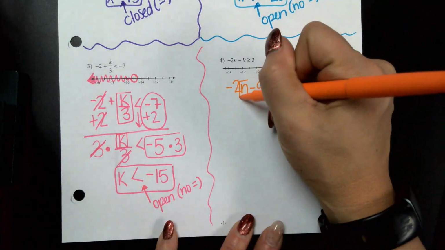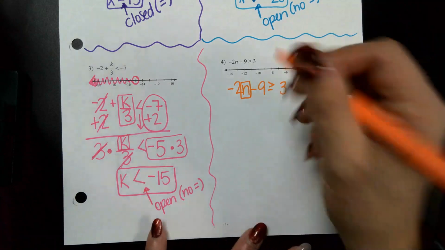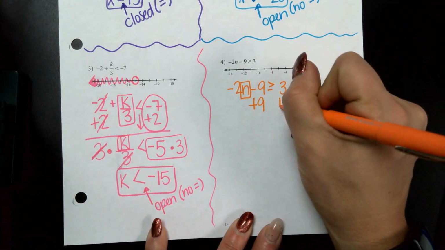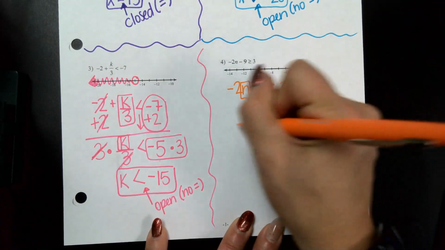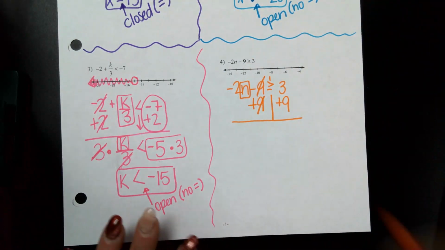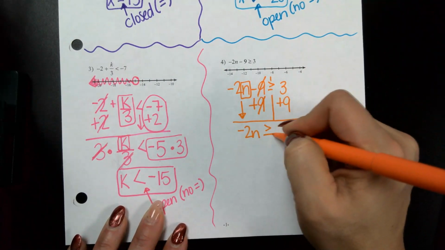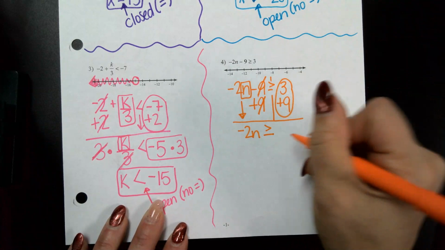We do not want to move that n; we just want to leave it where it's at. We want to move the constant that's paired up with it, the negative 9. We're adding 9 to the left and the right. So we bring down negative 2n, bring down your symbol, and 3 plus 9 is 12.